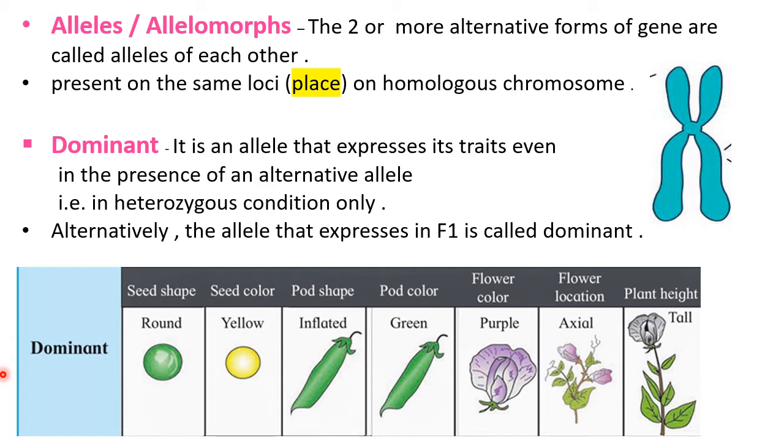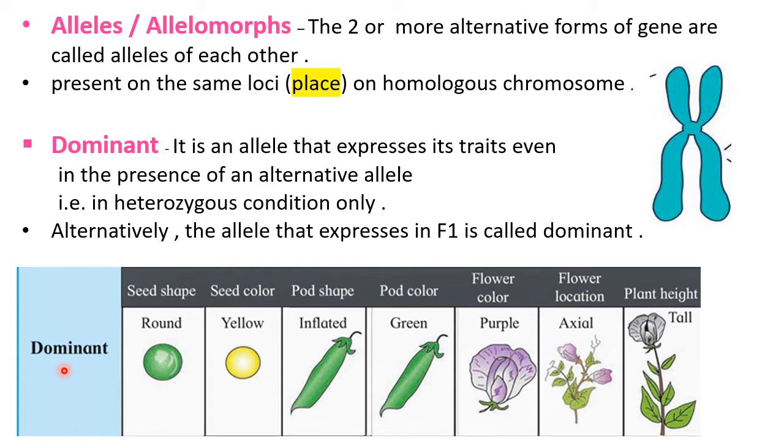Hence, the tall trait is called dominant and the dwarf trait is called recessive. In F1 generation, the plants show one gene for tallness and one gene for dwarfness. Hence, they were called hybrid or heterozygous. So, alternatively, the allele or gene that expresses in F1 generation is called dominant gene or allele.